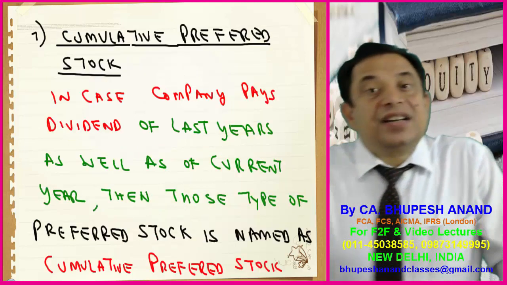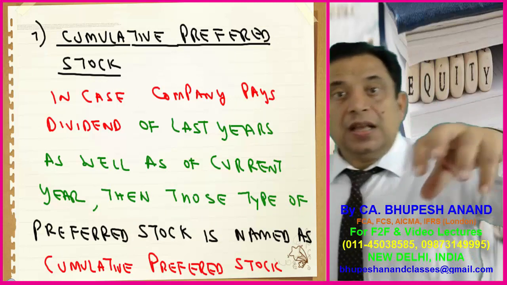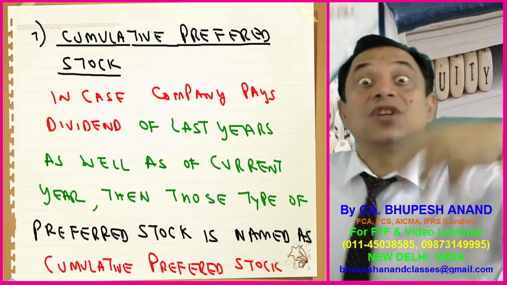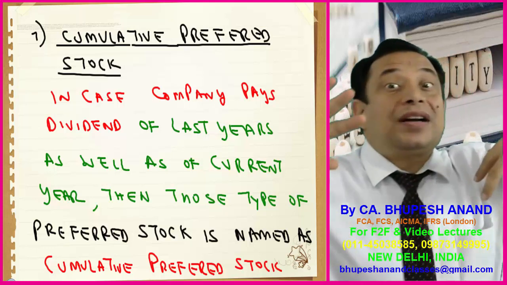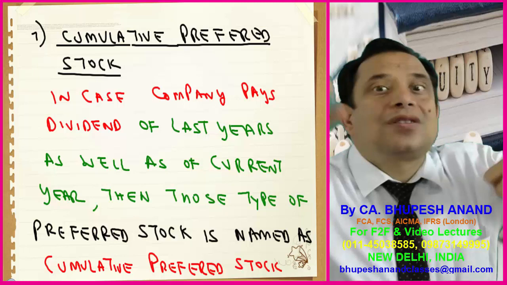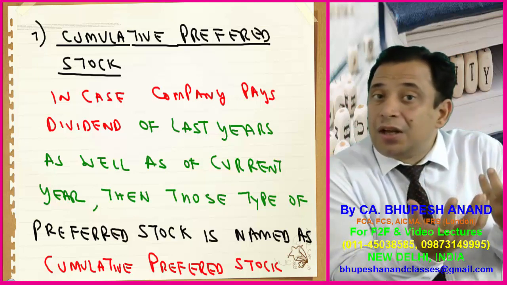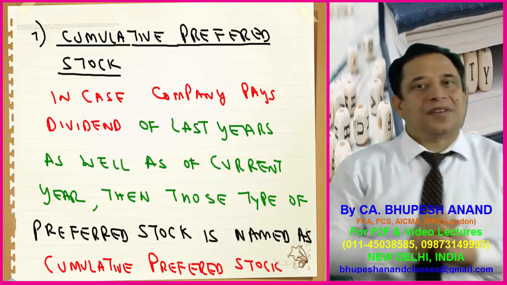Now, the next category is cumulative preferred stock. The name is cumulative. The company has to pay a dividend to preferred stock in case of profits. But supposing the company is not getting profits and is incurring losses, in initial years the company is facing huge losses, then the company will not pay dividend to these preference holders.